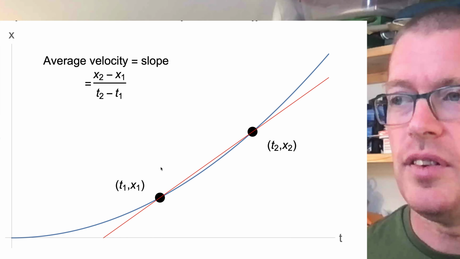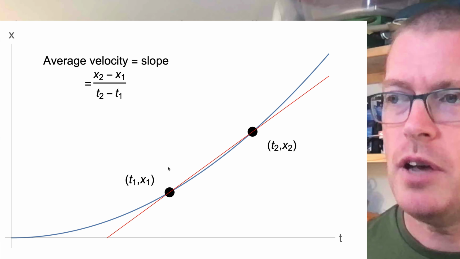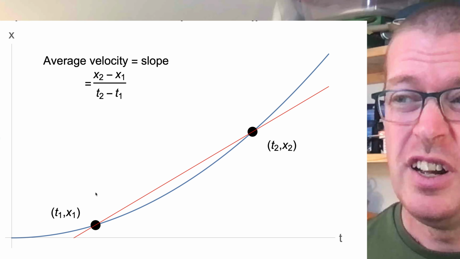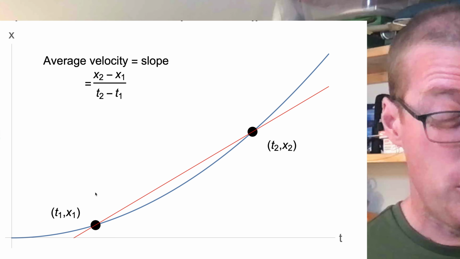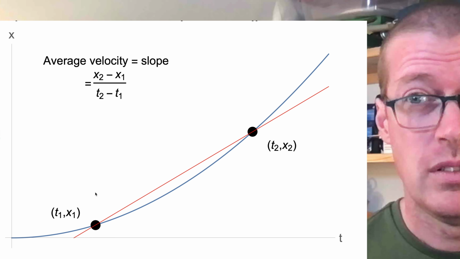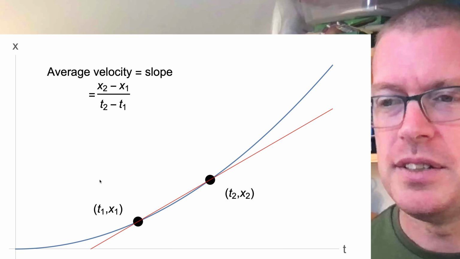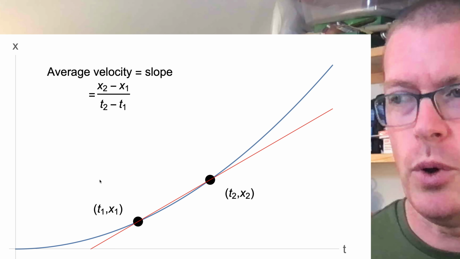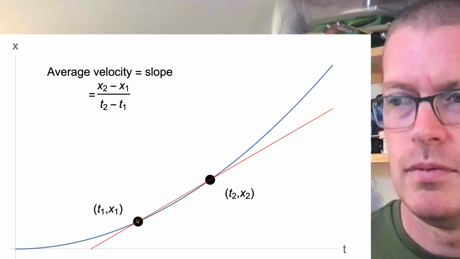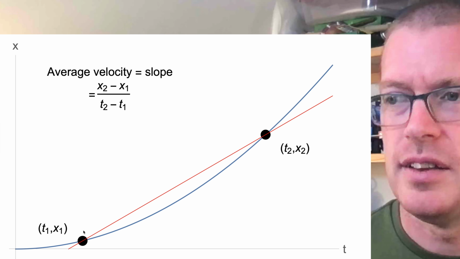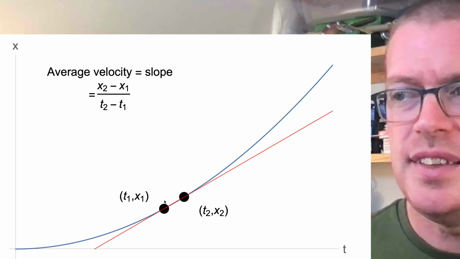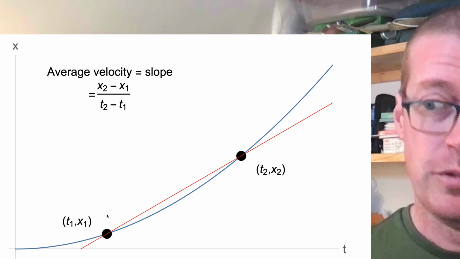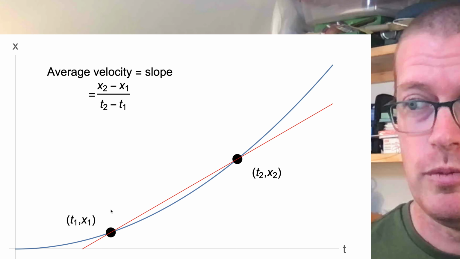So if you look at this graph here, when I move these points far away from each other, the secant line starts deviating from the tangent line. But if I symmetrically move the 2 points, as in this case, then the secant lines deviate much less from the tangent lines in terms of slope.